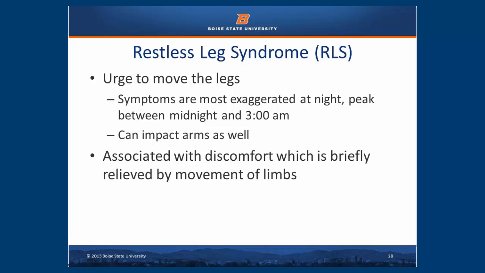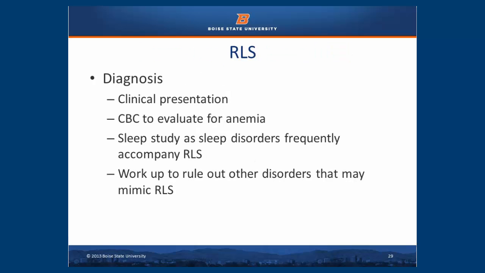The specific cause of restless leg syndrome is unknown, but there is a genetic aspect to it. Peripheral neuropathy and iron deficiency are believed to contribute to development of RLS. There are multiple medications that appear to make restless leg syndrome symptoms worse, including antihypertensives, antidepressants, and antihistamines.